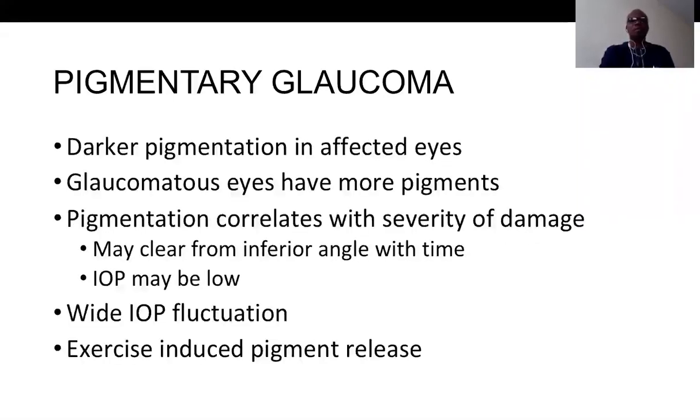Now, the pigmentary glaucoma is usually found to show darker pigmentation in eyes that are affected. And then the glaucomatous eye also has more pigmentation. And then the pigments tend to correlate to severity of the damage. But as mentioned, the pigmentation may clear with time.